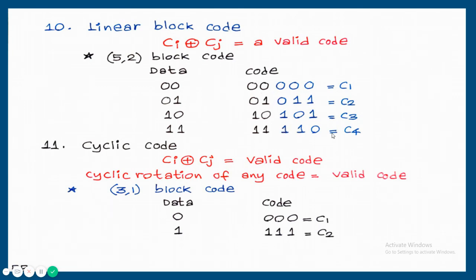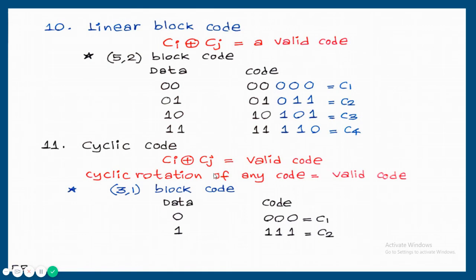Suppose 11110 is a block code, then this 1 can be taken here, so we get another code, 11101. That also should be a valid code. You can see here 11101 does not exist. So this given set is not a cyclic code, but it is a linear block code.